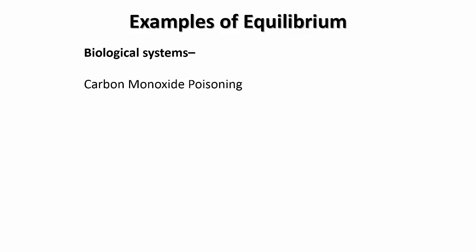A problem with the hemoglobin is another equilibrium. The hemoglobin can actually bind to carbon monoxide, so we can form this complex with carbon monoxide. If the hemoglobin is taken up by the carbon monoxide, it can't have oxygen combined with it. Therefore, we run into the problem of not being able to transport oxygen, and you can actually suffocate from carbon monoxide poisoning.